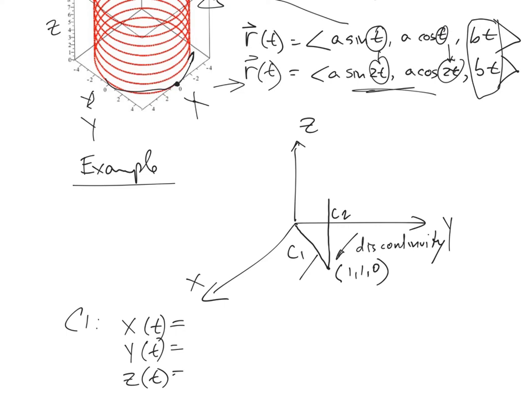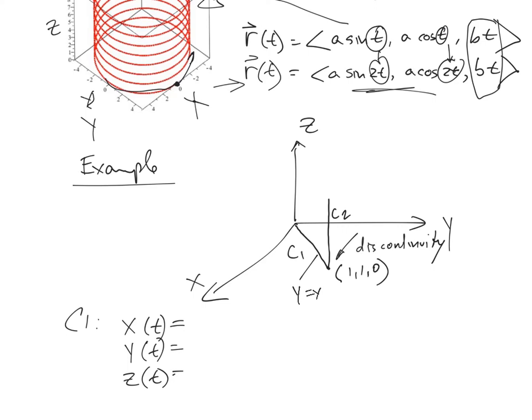Forget about parametric equations, just the regular equation. This is the easy stuff. Quick. y equals x, right? It starts at the origin and goes to the point 1, 1. y equals x is the equation for that line, C1.